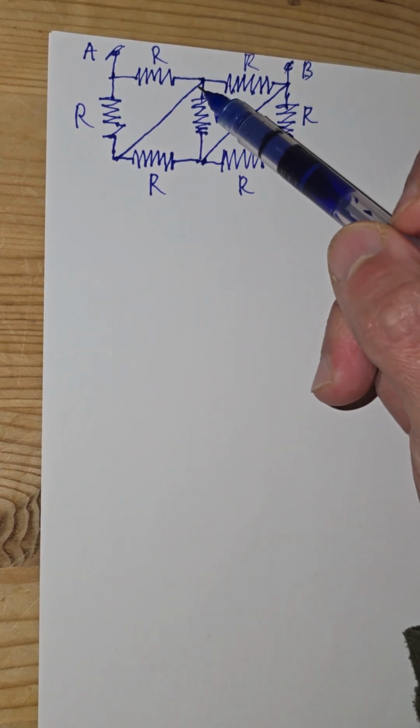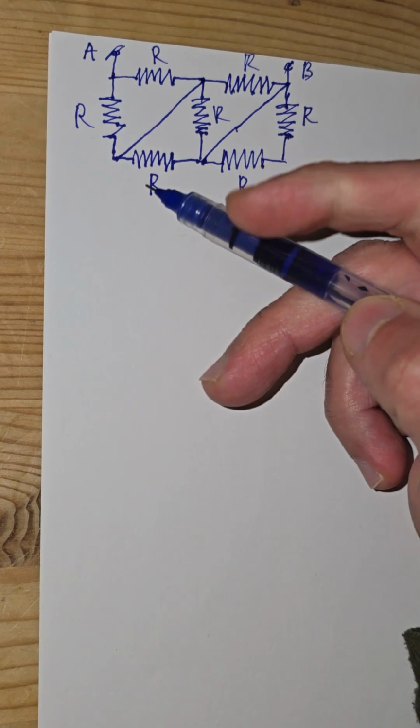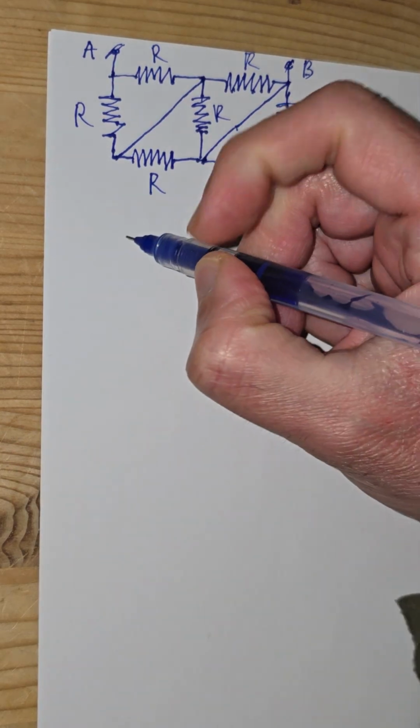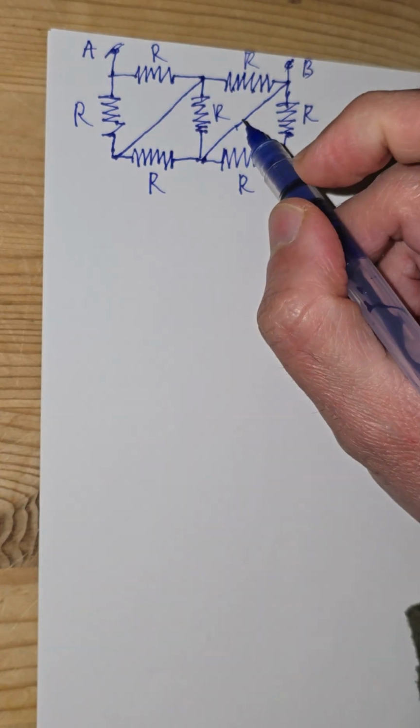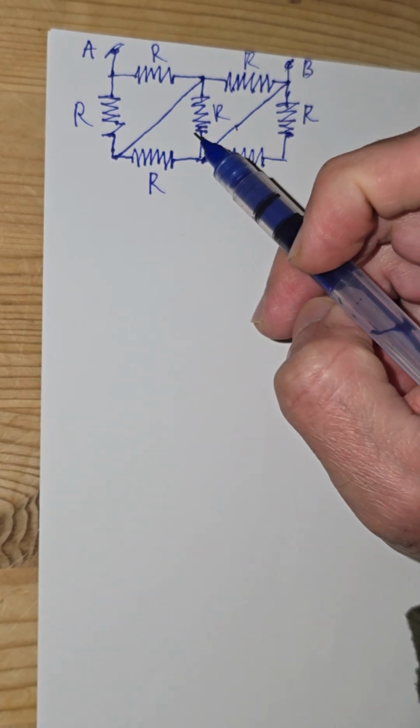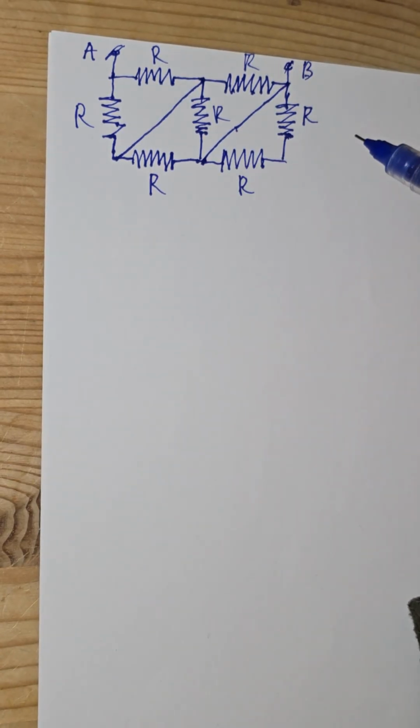The resistance of the wire is 0. It's an ideal conductor.